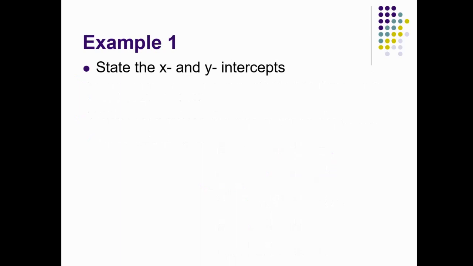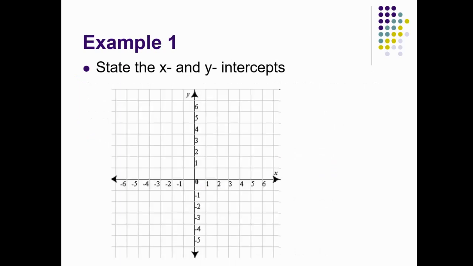Now, here we have our first example. State the x and y intercepts. For this one, I'm going to give you a count of 3 to write down our x-intercept. It's going to be negative 4 and 0y.